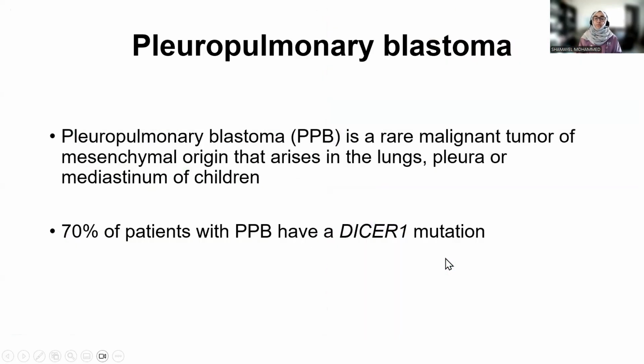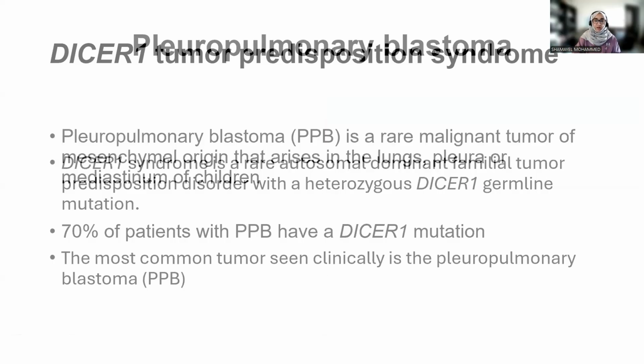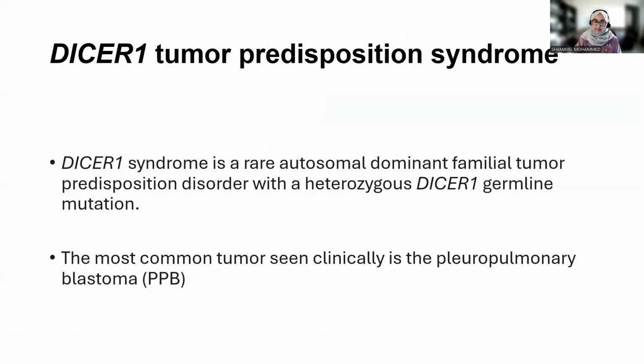So what are pleuropulmonary blastomas? These are rare malignant tumors, mesenchymal in origin, arising in the lung and pleura or mediastinum. 70% of them harbor the DICER1 mutation. The DICER1 mutation implies a predisposition syndrome, which is DICER1 syndrome.